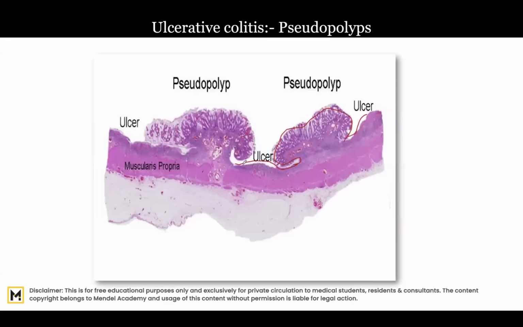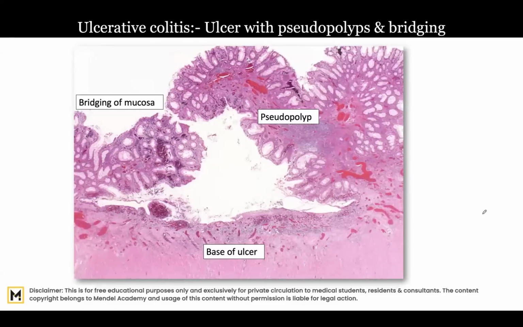So that's why it's called a pseudopolyp. The real deal is the ulcer. And what remains is the polypoid appearance, which is called a pseudopolyp. I hope I'm making sense. Now, as the pseudopolyp grows, which means as the ulcer expands, see it is going deeper inside here. It's going deeper on this side as well.